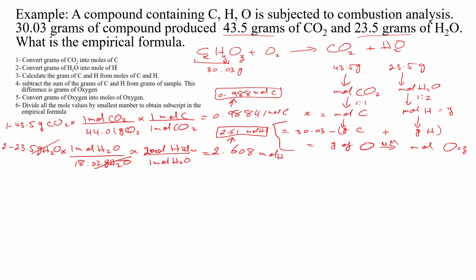Okay. Next step, remember we have to calculate the grams of carbon and grams of hydrogen. So let's do this here. We have 0.988 moles of carbon. 1 mole of carbon is 12.01 grams of carbon.